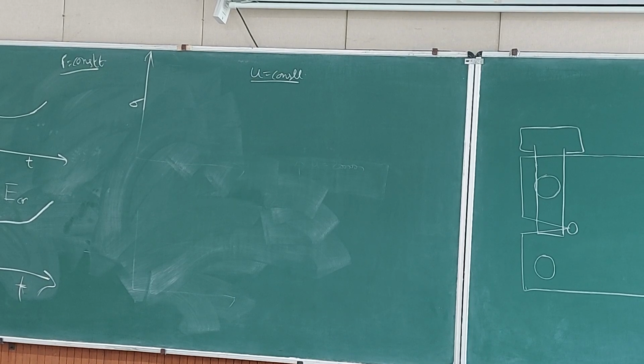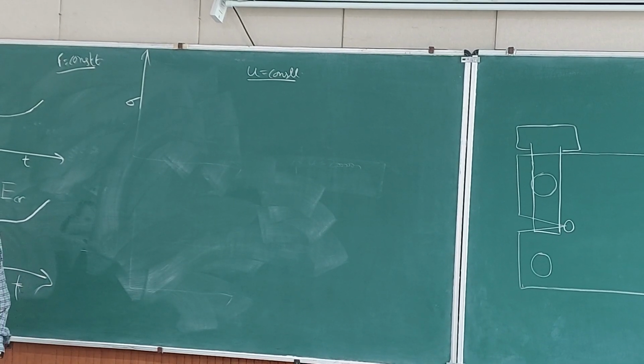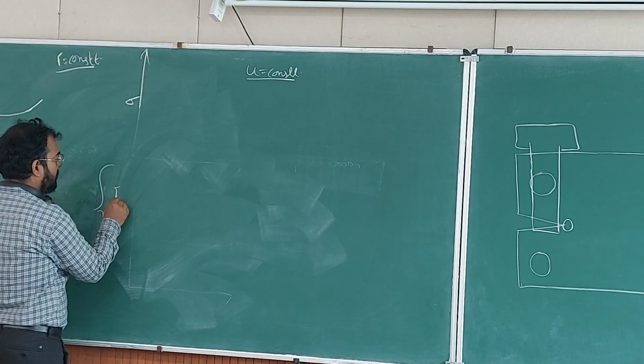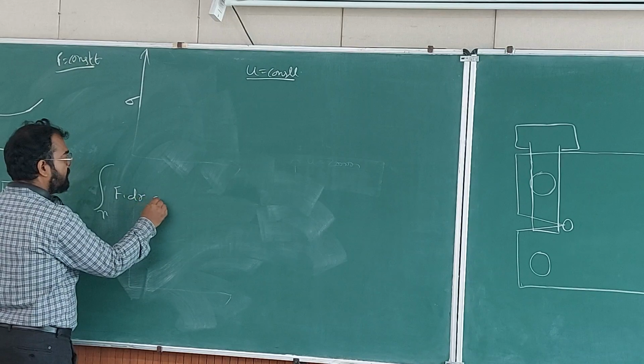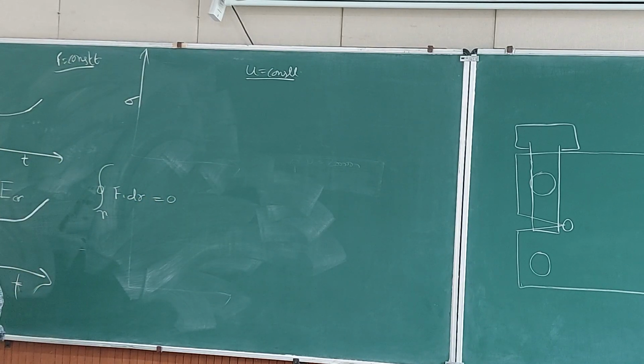So the J integral was path independent. Any line integral is path independent when you have this kind of scenario: you have got F dot dr, and this will be equal to 0 for a closed loop, for a cyclic loop, when you don't have anything inside, and this F has to be a derivative of a potential.